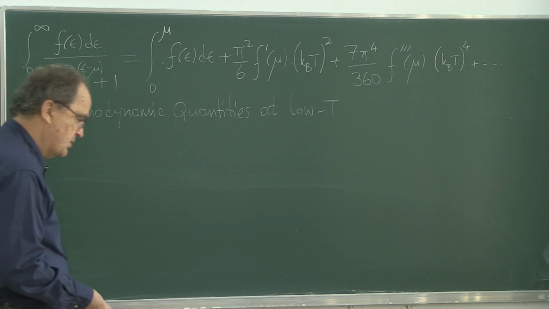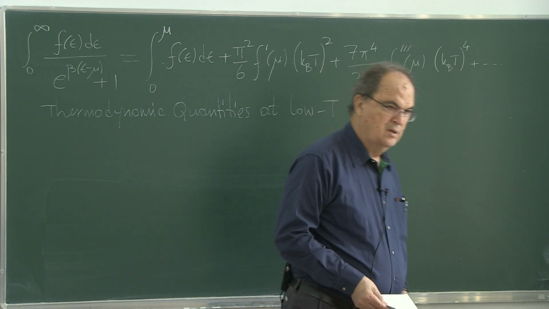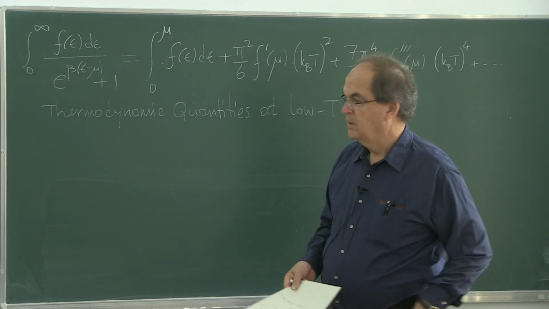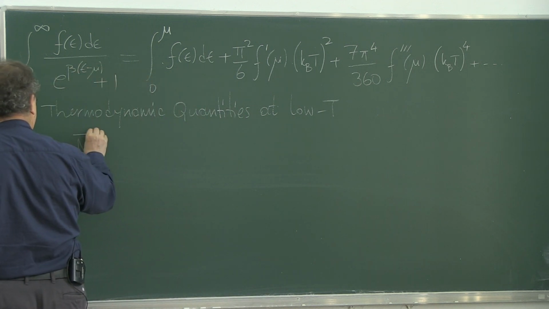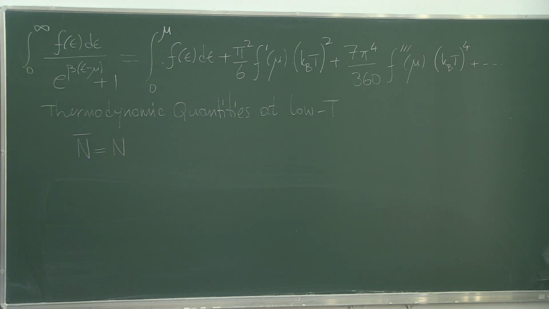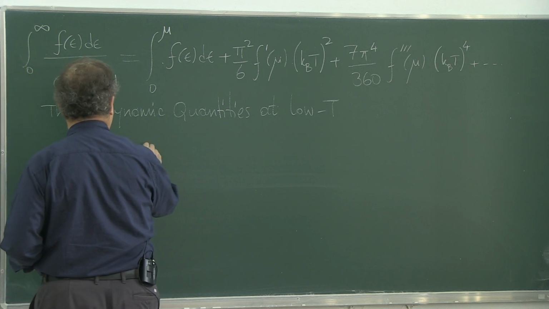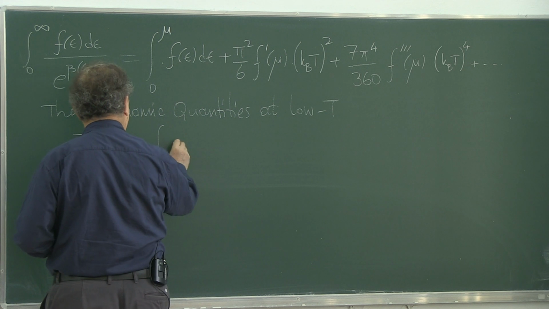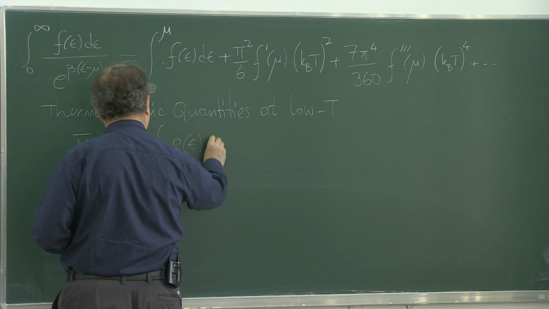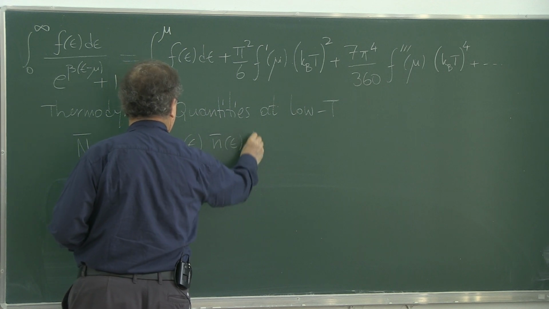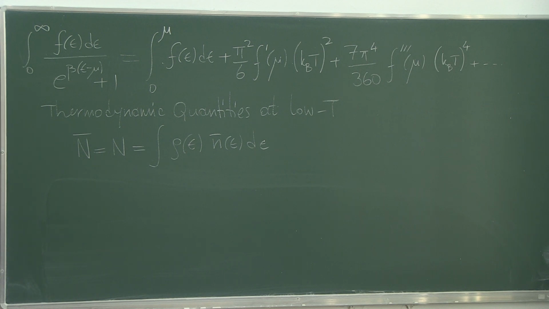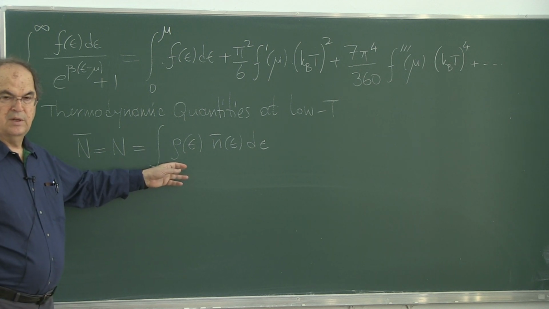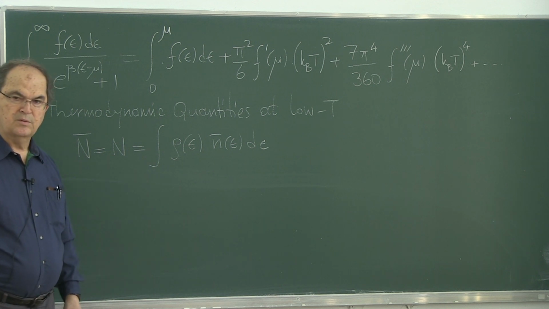Instead of dealing with the Fermi-Dirac functions, let's use Sommerfeld's approximation. For example, if you want the average number of particles in your system, with negligible fluctuation in equilibrium, we can write this as an integral like this, isn't it? This is the density of states, the number of states you are going to fill with fermions.